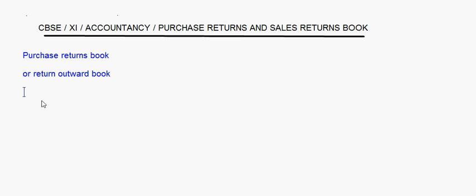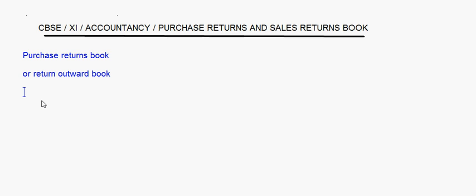So those goods which had been purchased on credit and the buyer has noticed some fault in the items, either they are defective or they are not as per the order specifications, or some other reasons, maybe the quality is not up to the mark, or the consignment has been received late or something like that, right? So the buyer can return the goods back, right?